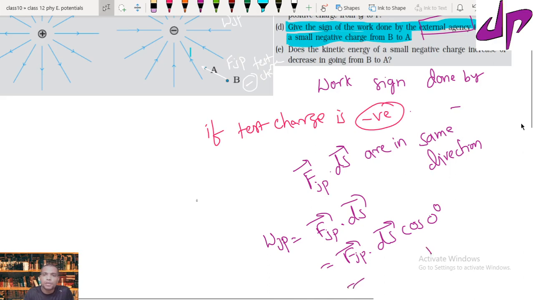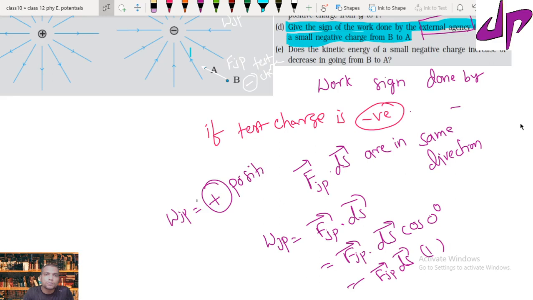Cos 0 gives 1, so this value becomes positive. The work done by me in this case is positive. So if the external agency is doing work, it results in positive work.